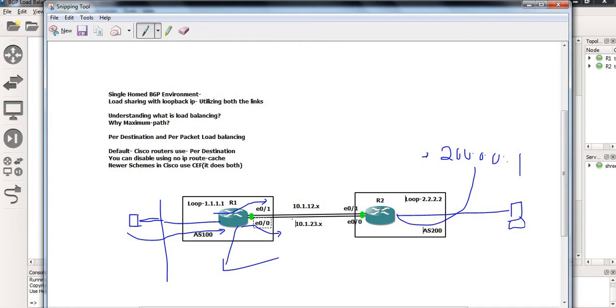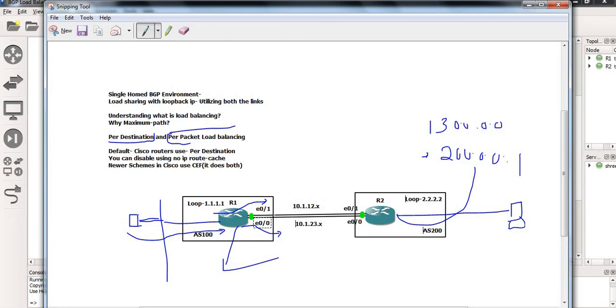Basically there are two types of load balancing. One is called per destination load balancing and the other is called per packet load balancing. We will discuss per destination load balancing first. In the same topology, let's say I have one more network here, 130.0.0.0.